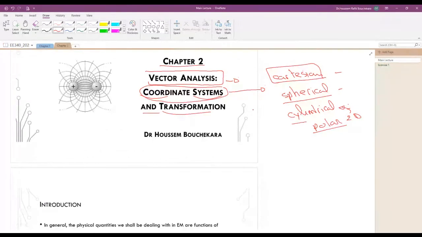ممتاز يا عبد الهادي. ترى يعني فيه some problems, some phenomena, some quantities that can be represented in spherical coordinate system better than in the Cartesian one.